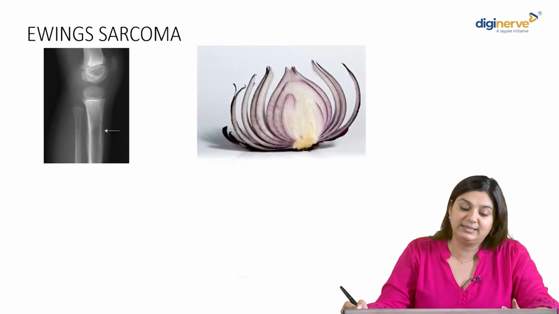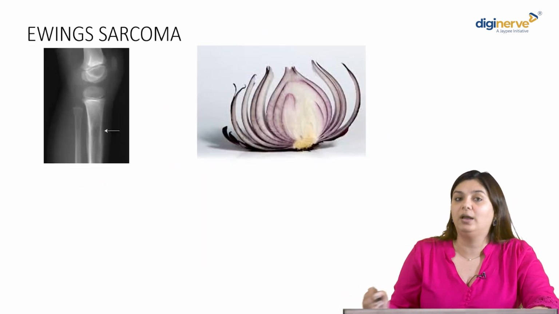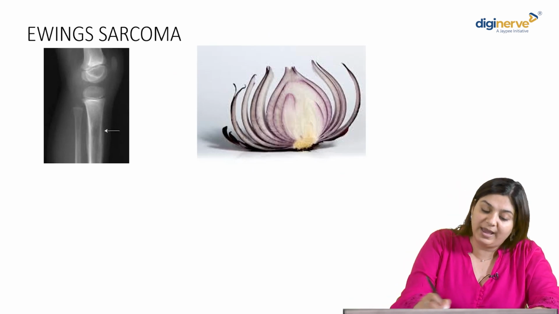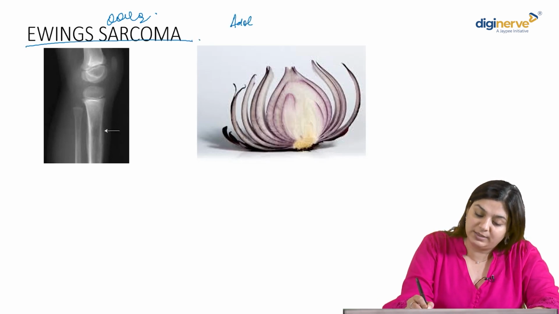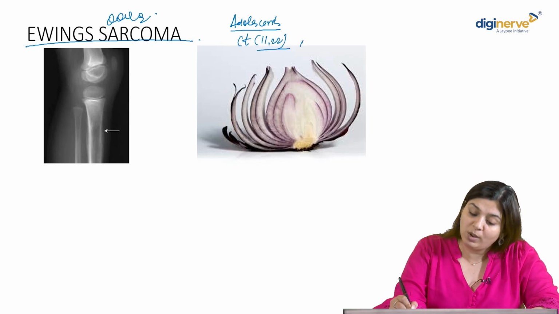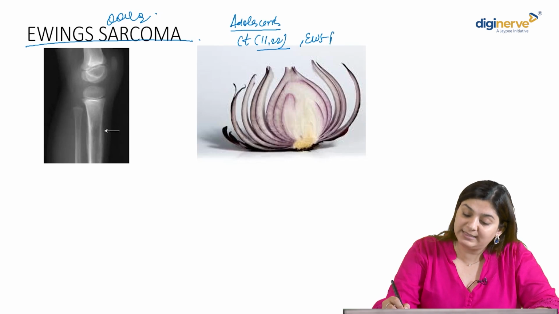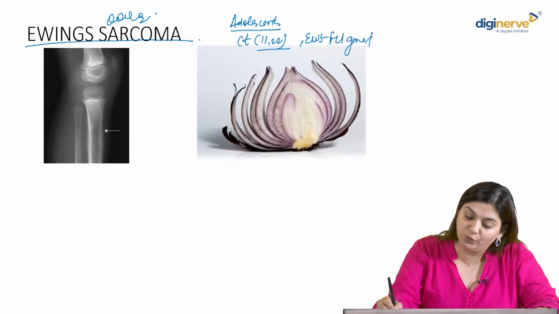Now we move to the next condition, that is the Ewing sarcoma. It is a very, very, very important tumor. So it affects adolescents. There is a translocation 11;22. There is EWS-FLI1 gene fusion.